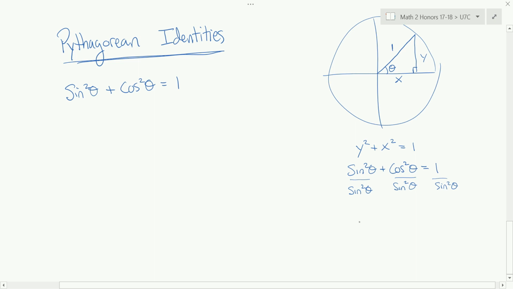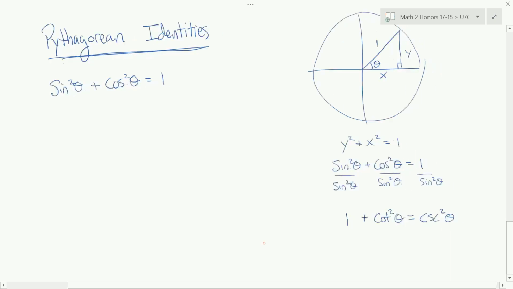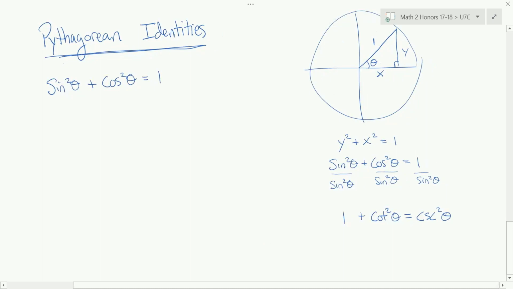Same quantity divided by the same quantity is 1. What is cosine divided by sine? That's the cotangent, and it's squared because cosine and sine are squared. And what's 1 over sine? Cosecant squared theta. So that's our second identity, and it comes from the first identity, just dividing everything by sine squared. So I'm going to write that 1 plus cotangent squared of theta is equal to the cosecant squared of theta.